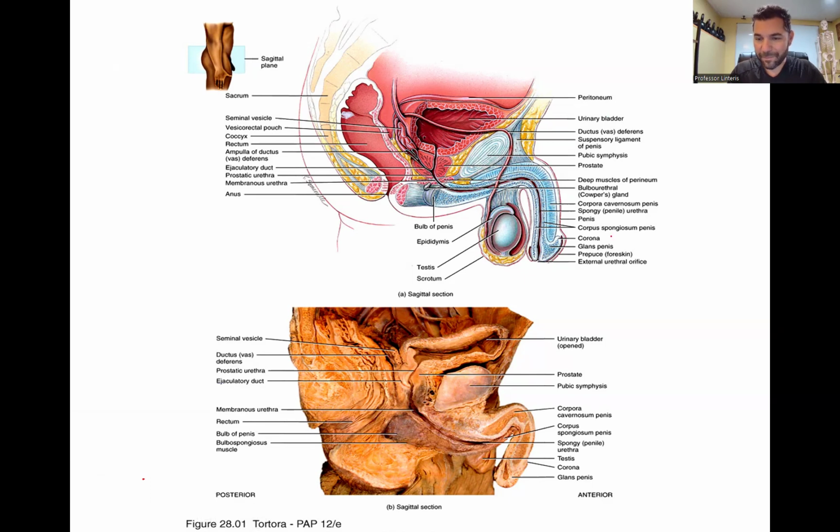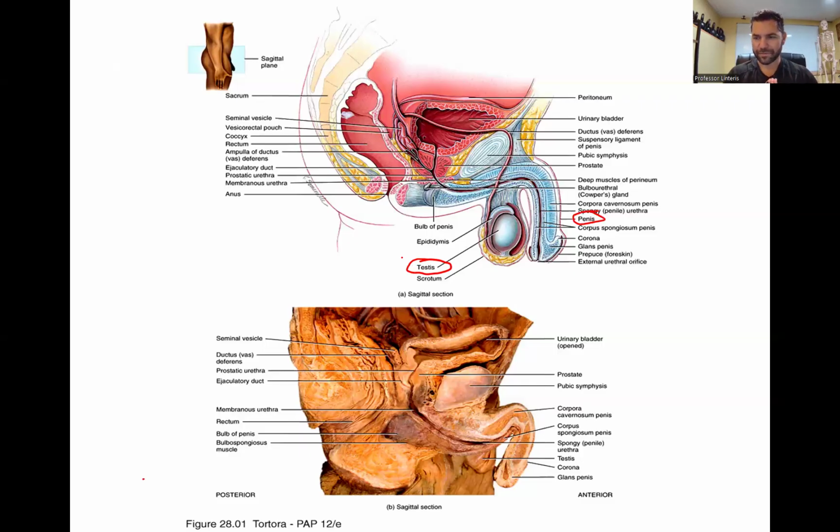First thing we have is the penis. We will see models mainly and a couple of cadaver pictures. That is the primary defining structure of the male reproductive system. Now to where sperm is produced.